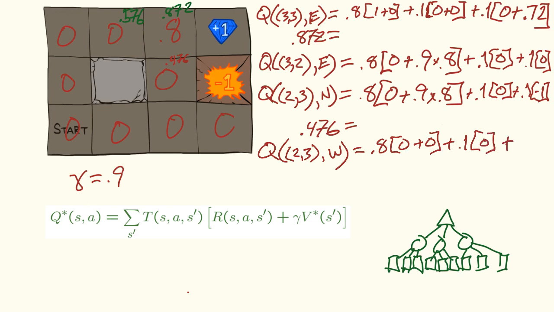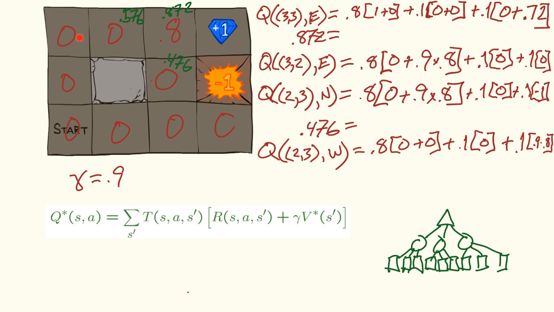And 10% of the time we go north, which is 0.1 times 0.9 times 0.8, which is 0.072. So we can see that clearly we actually do want to take the move up there and risk falling into the pit.